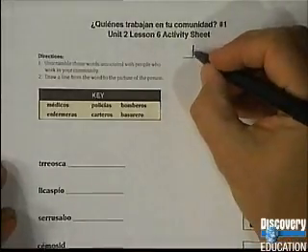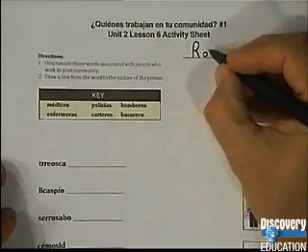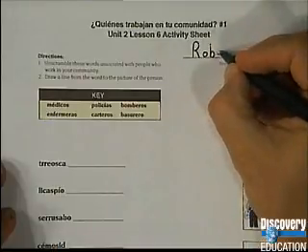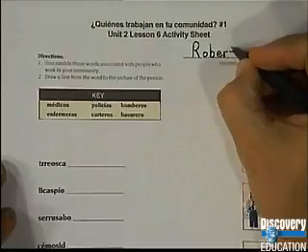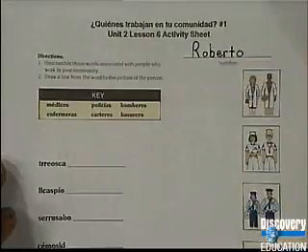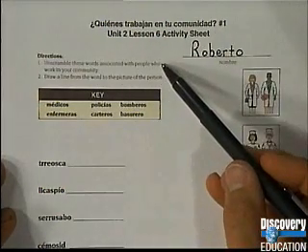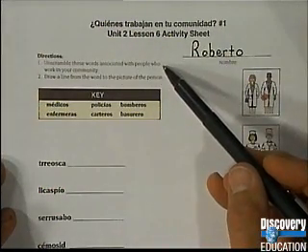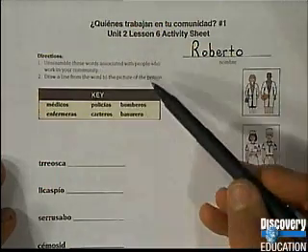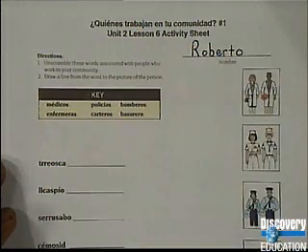Voy a escribir mi nombre. Me llamo Roberto. Remember, think about the letters in your name in Spanish as you write it out. Now, there's a couple of things that you have to do here. First of all, unscramble these words associated with people who work in your community, and then draw a line from the word to the picture of the person.